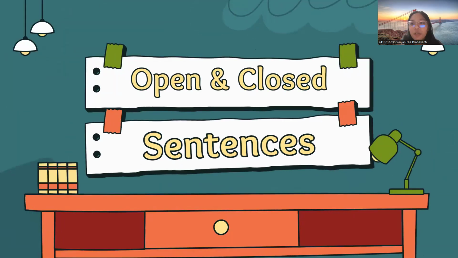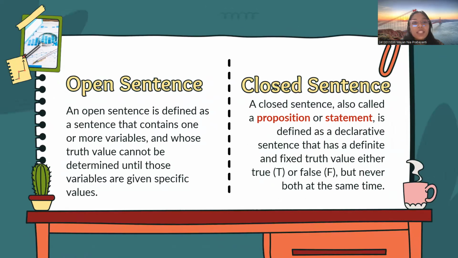So next we are going to continue with open and closed sentences. What are sentences in mathematics? An open sentence is defined as a sentence that contains one or more variables and whose truth value cannot be determined until those variables are given specific values.